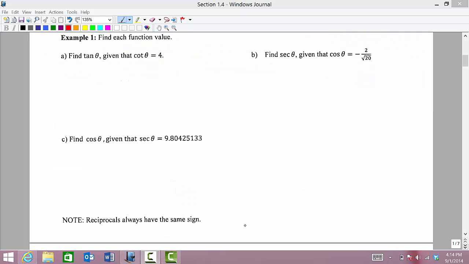Now we want to use these reciprocal identities to find function values. In example 1, we are asked to find each function value. Find tangent theta, so this is what we were looking for, given that we know that cotangent theta is equal to 4. Here we're describing theta, which we are going to assume is the same angle.